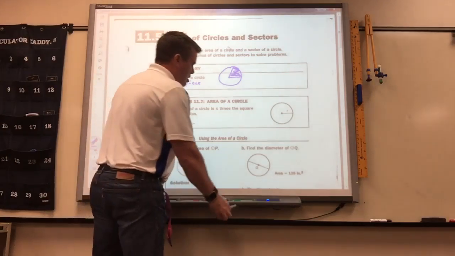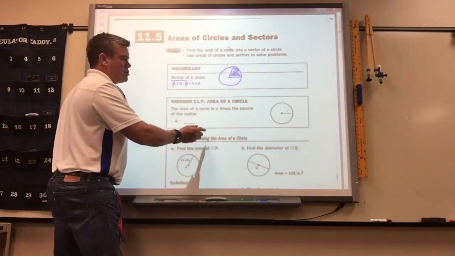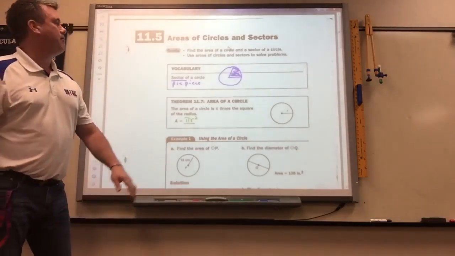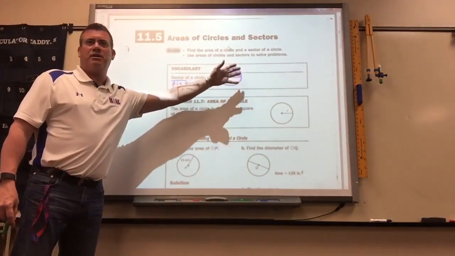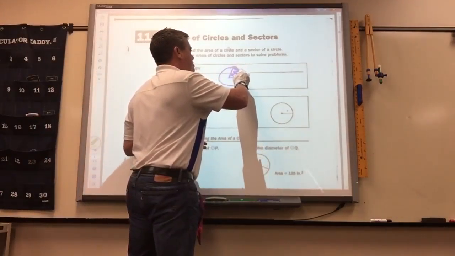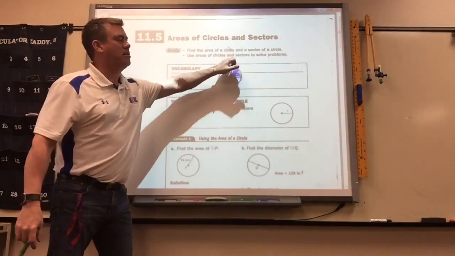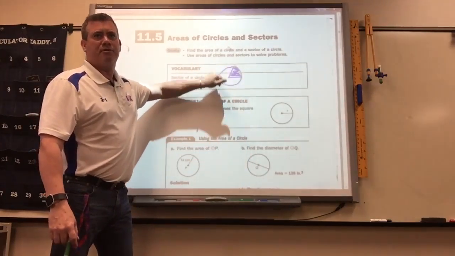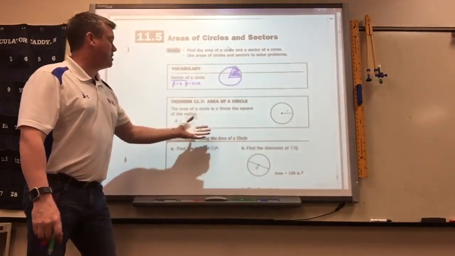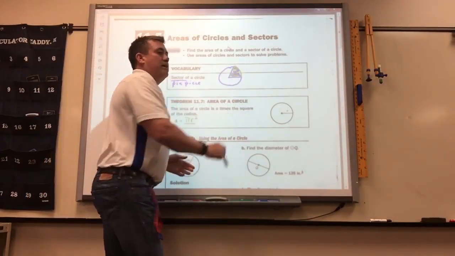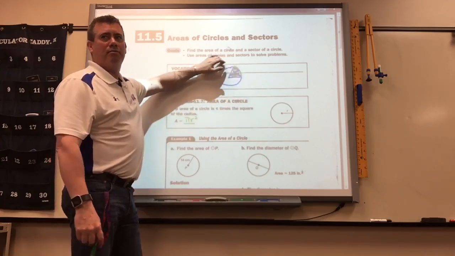Okay? So remember, the area of a circle is pi r squared. Now, if you're going to find the area of a sector, remember yesterday when you found the circumference or the distance of an arc length, you just took whatever that fraction was of the circumference, right? A sector is the same thing. If you're finding the area of a sector, you take whatever fraction that is of the whole area.